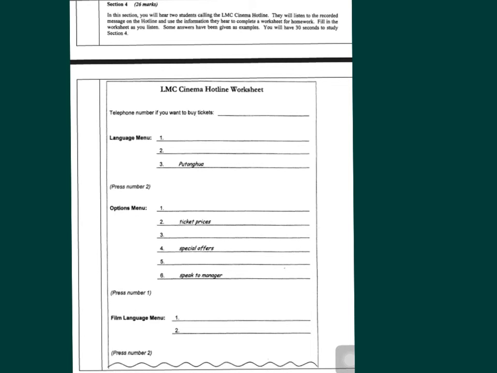Please select from our film language menu. Press 1 for Chinese language films. Press 2 for foreign language films. I press 2, don't I? Yeah. We want foreign films.